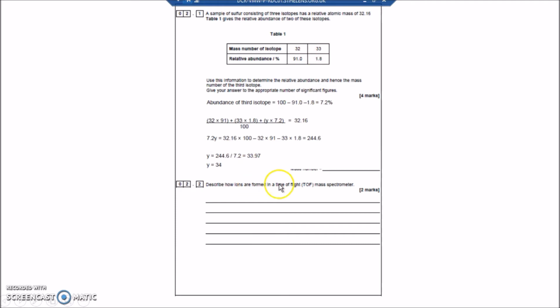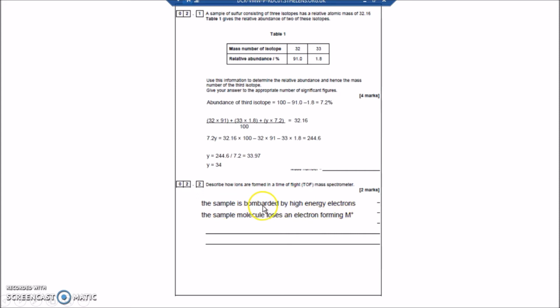Describe how ions are formed in a time-of-flight mass spectrometer. Well, they're bombarded with something called an electron gun, and the electron gun removes electrons from the atom. The electron gun fires electrons at the particles, which hit the particles and remove an electron. The electron gun fires out high energy electrons, so fast moving electrons.